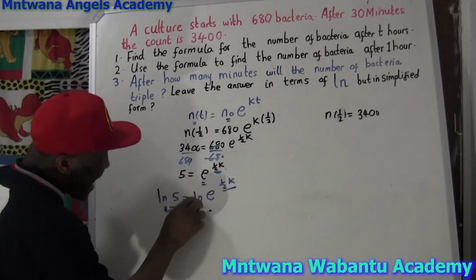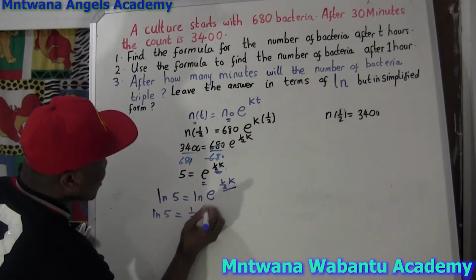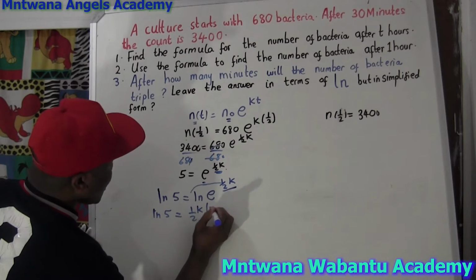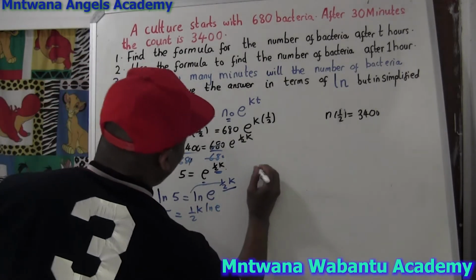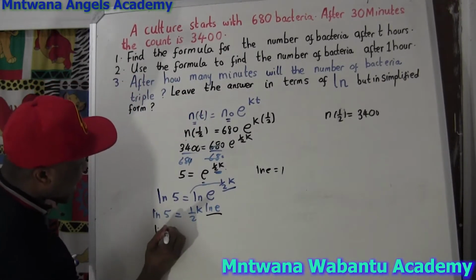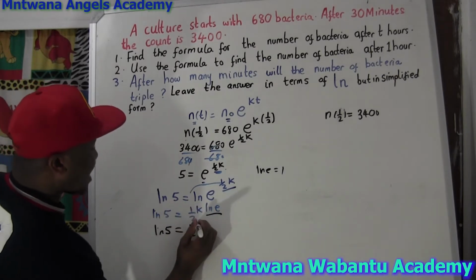Take all these to the back of ln. So this is going to be ln of 5, and this is going to be half k times ln of e. But ln of e equals 1. So ln of 5 equals half k.